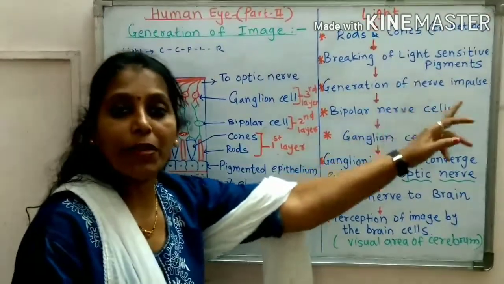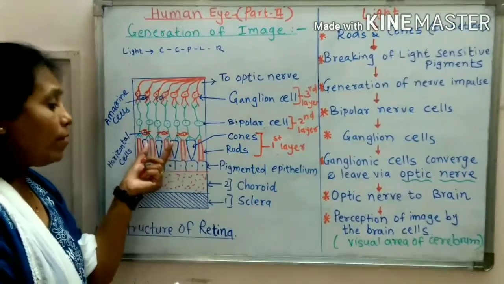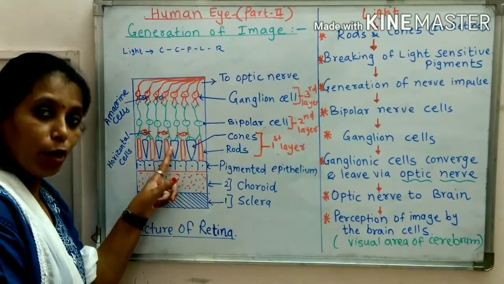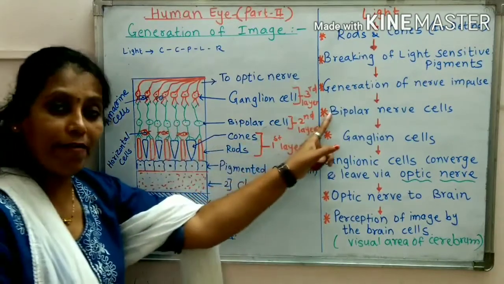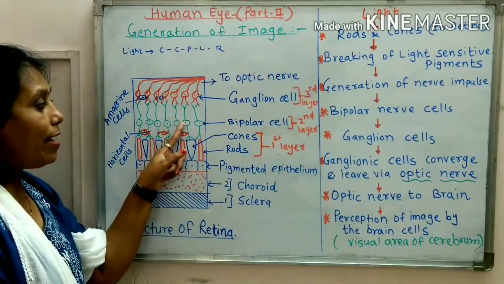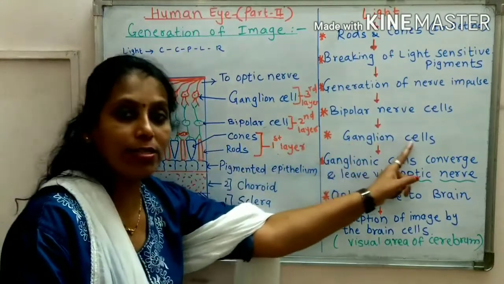This is the generation of a nerve impulse. This impulse is carried from the photoreceptor cells to the bipolar nerve cells, and from the bipolar cell, the impulse is carried to the ganglion cell.